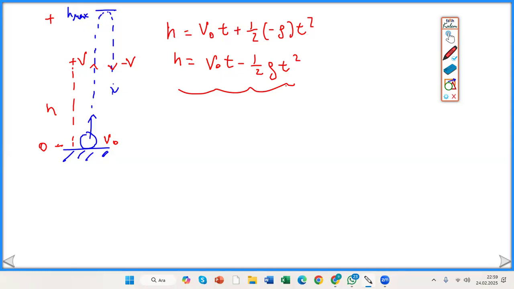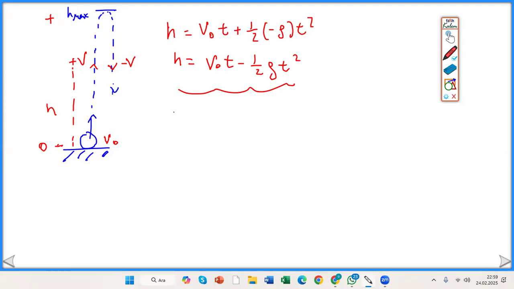If you are confused, just try to define the direction of the motion. If you put the true directions on the formula, then you are going to have the true formula.